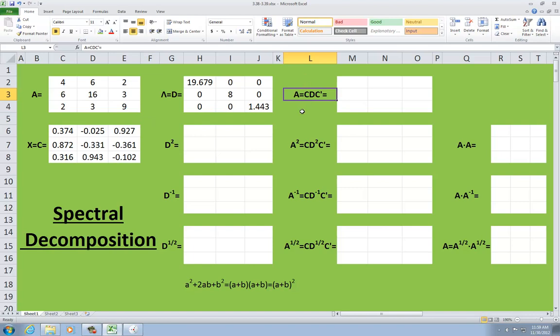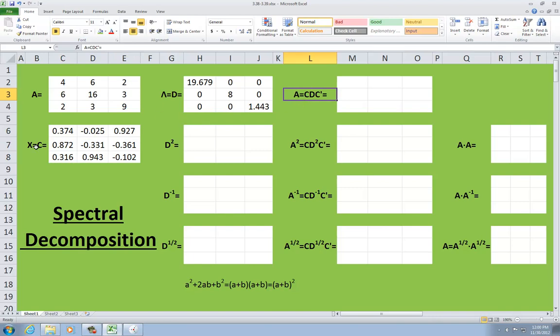A equals C times D times the transpose of C. It shows that the matrix A can be reconstructed by the product of C, the normalized eigenvectors of A, which is what we called in the previous video X, and we see the values here. And that's multiplied by D, the diagonal matrix of eigenvalues, which we called lambda in the previous video, which I have here. And that is multiplied by the transpose of C.